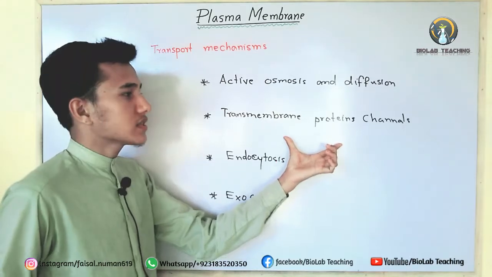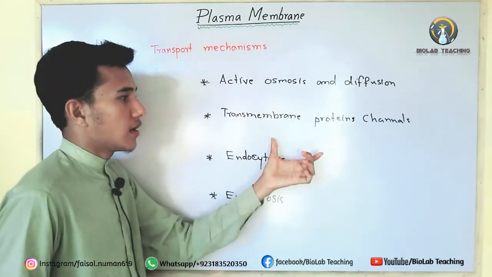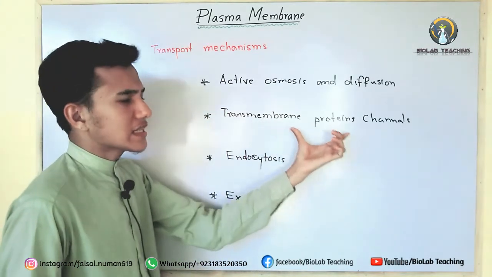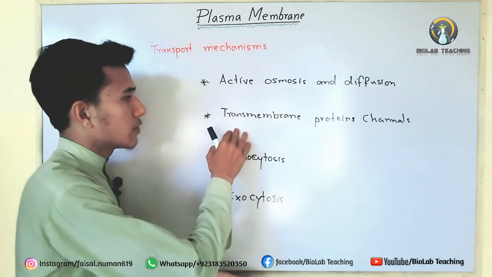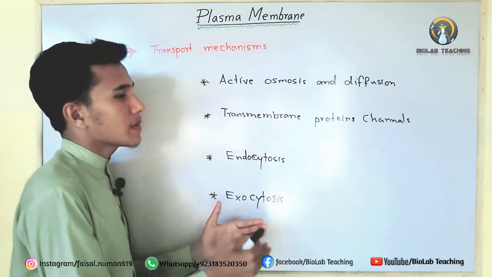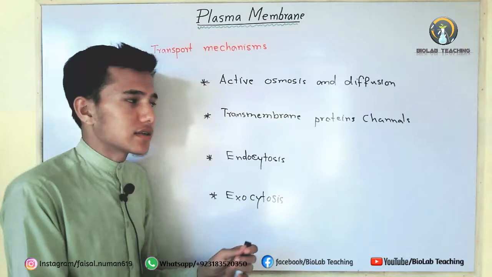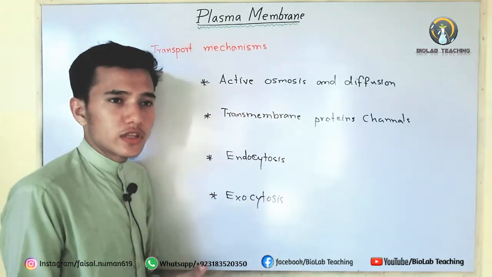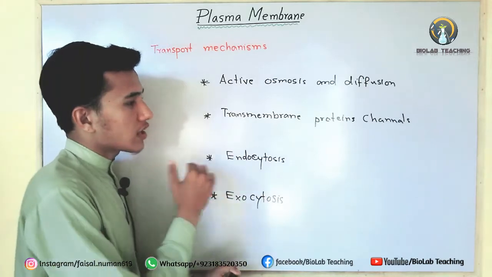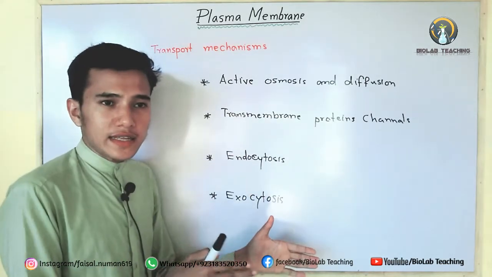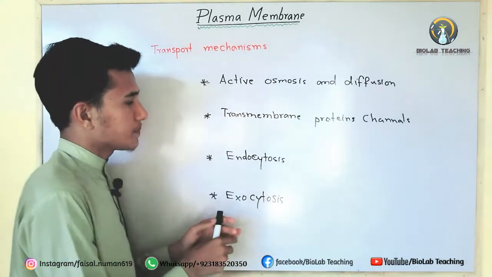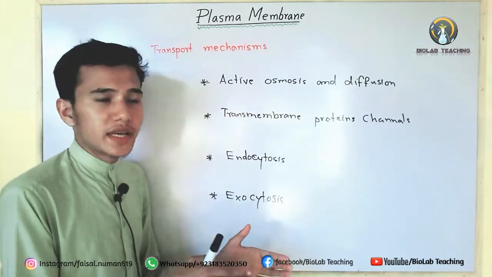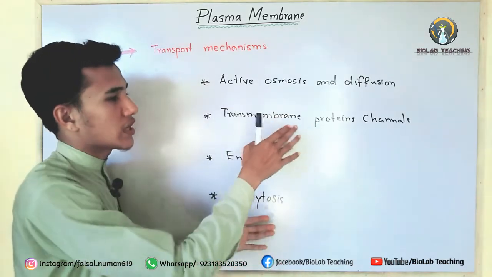We studied in a previous topic that there is a protein channel present in the plasma membrane. This protein channel is a transmembrane channel. This allows the transport of materials on both sides by passive osmosis or passive diffusion.